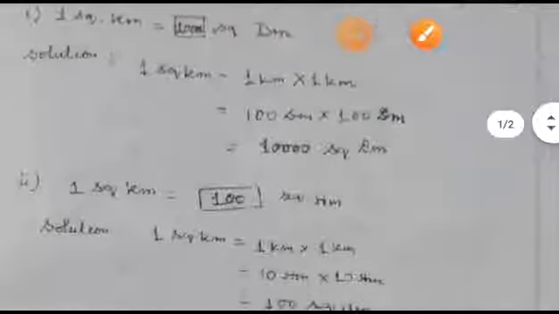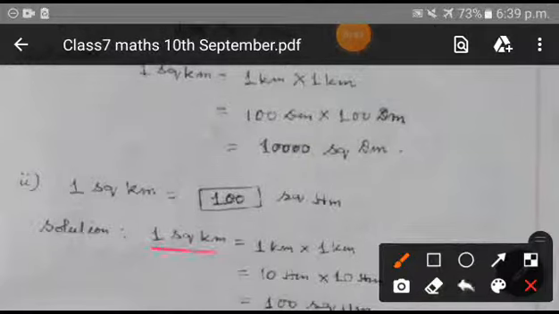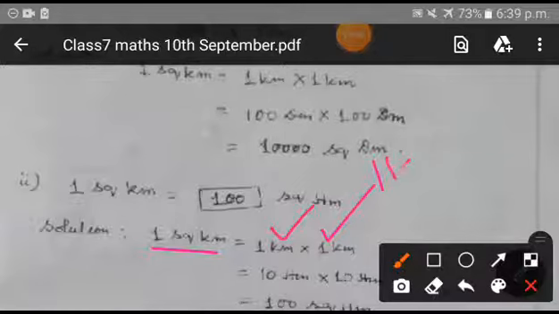Next one, sum number 2. 1 square kilometer equals to dash square hectometer. Now here also 1 square kilometer means 1 kilometer into 1 kilometer. Now again, just recall the table of metric system. 1 kilometer equals to how much hectometer? Equals to 10 hectometer.